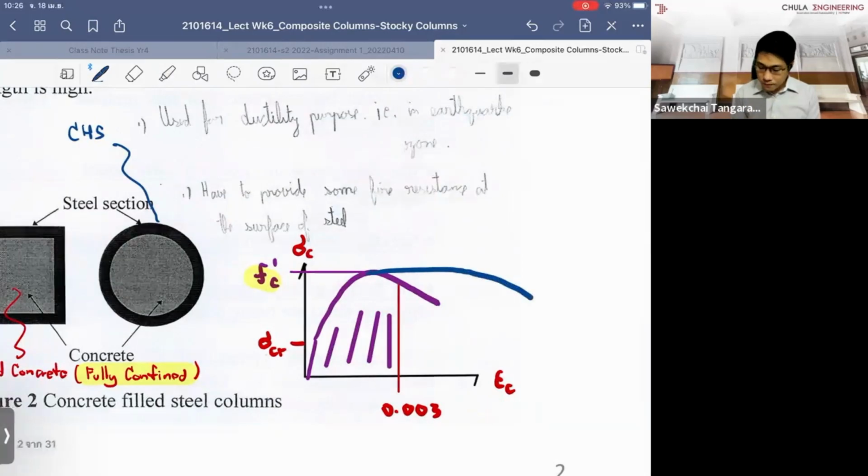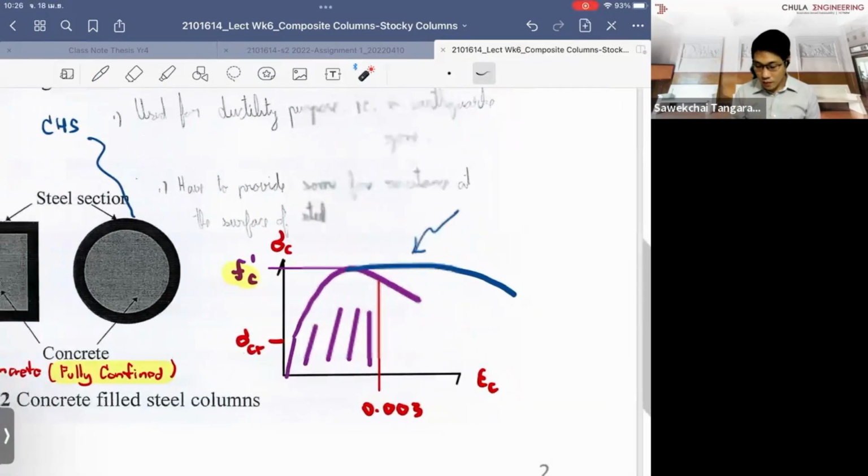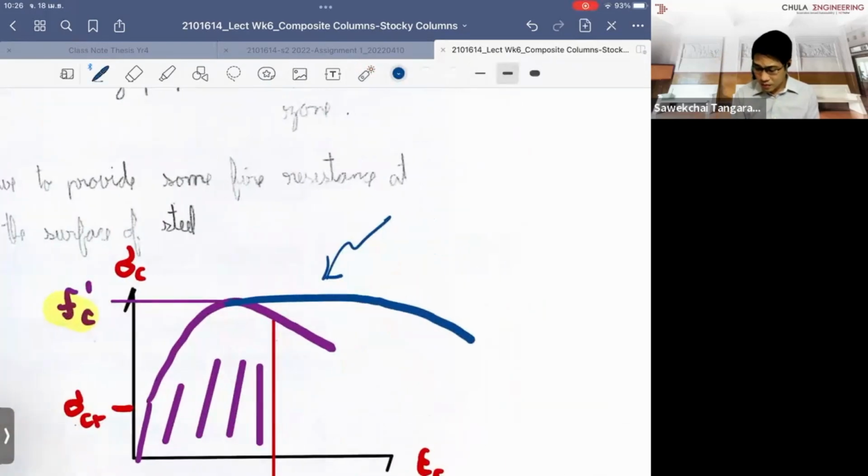So we have these nice properties. Remember, when we have this nice property, we have good ductility because it can hold a certain value of the stress, right, when the strength keeps developing. So that's why we like this type of property. So in this case, what it means is the concrete has been fully confined.